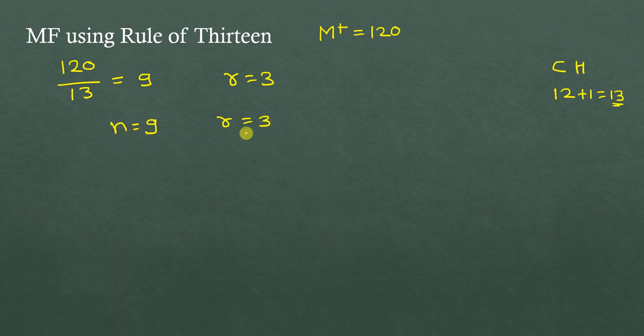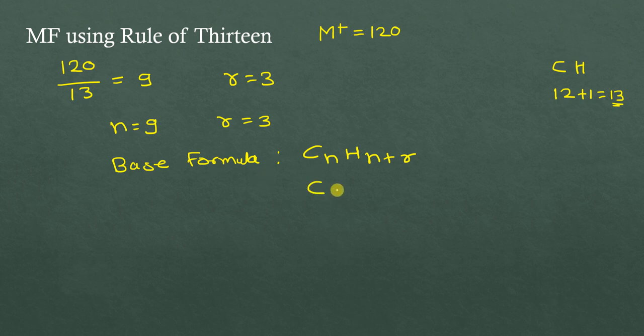So using this n and r, we can write the base formula. The base formula will contain only carbon and hydrogen, so it can be CnHn+r. Here in this case our base formula will be C9H9+3, so C9H12, right?